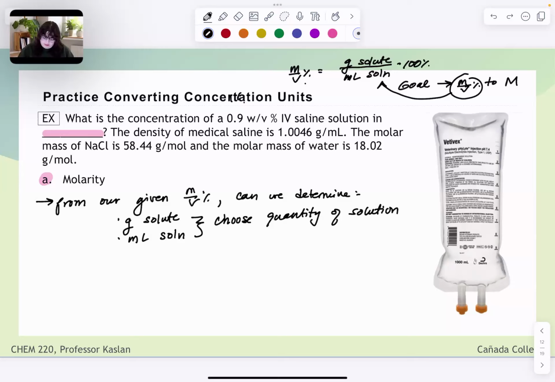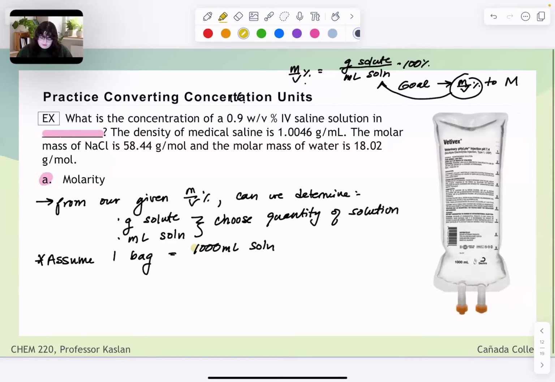So we're just going to assume we're looking at one IV bag, which contains, according to the label, 1,000 milliliters of solution. So since we have decided that we are going to stick with 1,000 milliliters of solution, we need to ensure that the grams of solute and mil solution and all the stuff we're trying to get from that information is relative to this 1,000 mil sample we're talking about here.